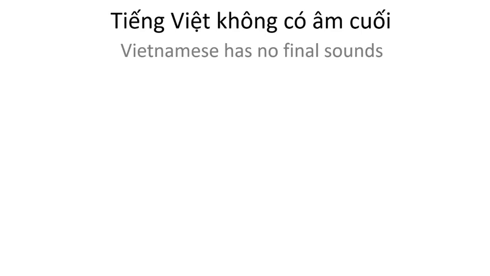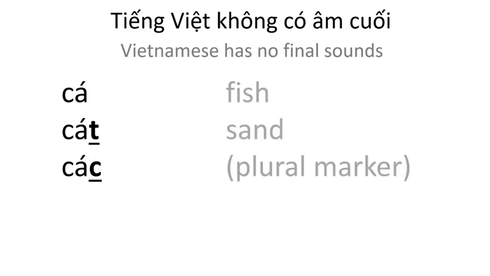Now, to further exemplify this point, look at the following three words. Cá, cát, các, which respectively mean fish, sand, and các is a plural marker you use before nouns to show pluralization. Now, let me say those again. Cá, cát, các.